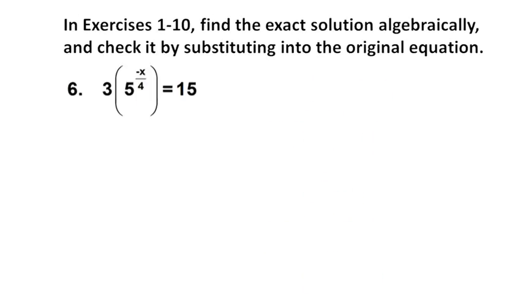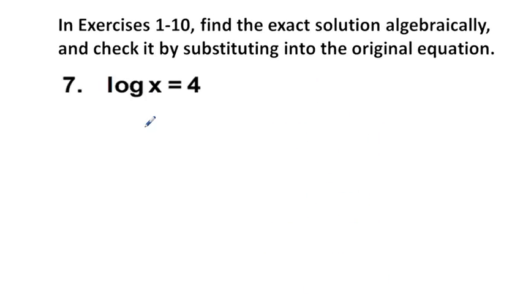Next on our problem, which is 7, here we have a logarithm, and this would be the common logarithm, log base 10 of x equals 4. So just rewriting this, we would say log base 10 of x is equal to 4. And so the logarithm essentially is a form of exponential relation.